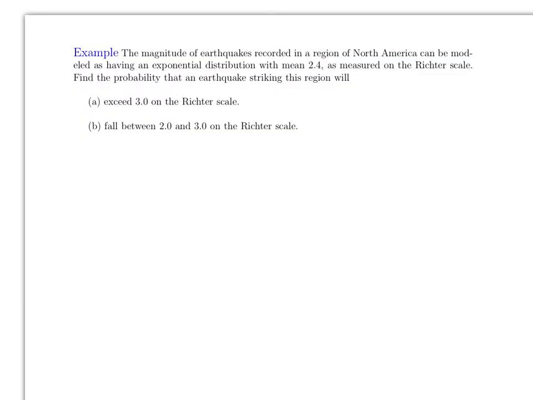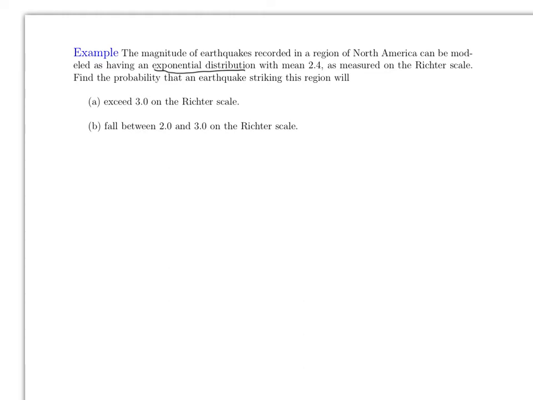All right, so now let's do an example. The magnitude of earthquakes recorded in a region of North America can be modeled as having an exponential distribution with a mean of 2.4 as measured on the Richter scale. Find the probability that an earthquake striking this region will exceed 3.0, and part B, between 2 and 3.